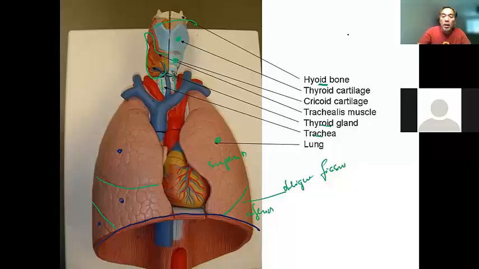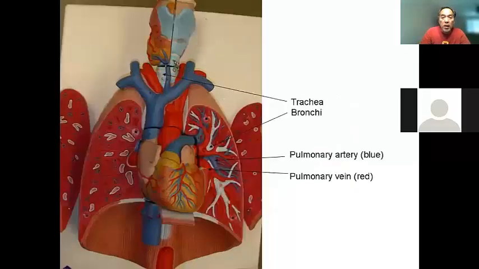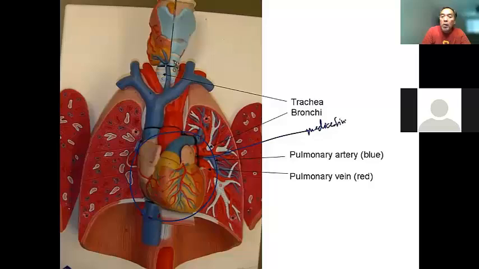Okay, right. So now we see that the heart is inside the middle portion of the lung. Okay. And remember, this area here is called the mediastinum. So if you notice, the lung is like a cloak. It wraps around the heart like a cloak. Okay, and the vessels coming out from the heart, the blue vessels, are the pulmonary artery.